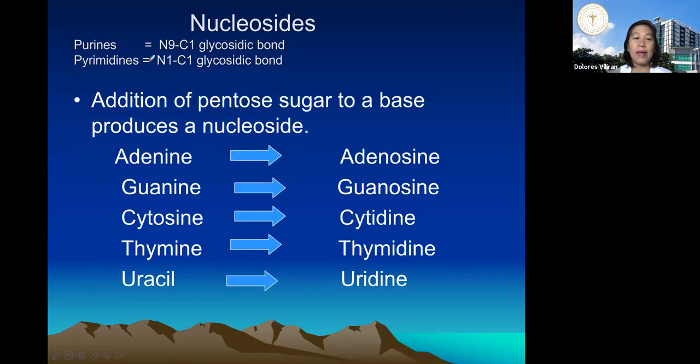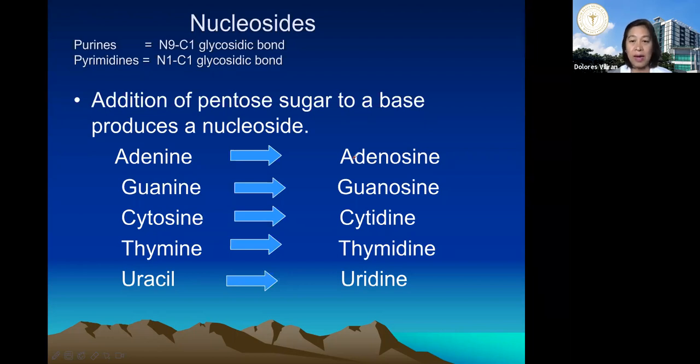So you have adenine linked to a sugar, the name becomes adenosine. Guanine plus the sugar ribose, it becomes guanosine. So usually, nucleoside ends with SINE. But for pyrimidines, take note, cytosine, even though it ends with SINE, this is still a base.